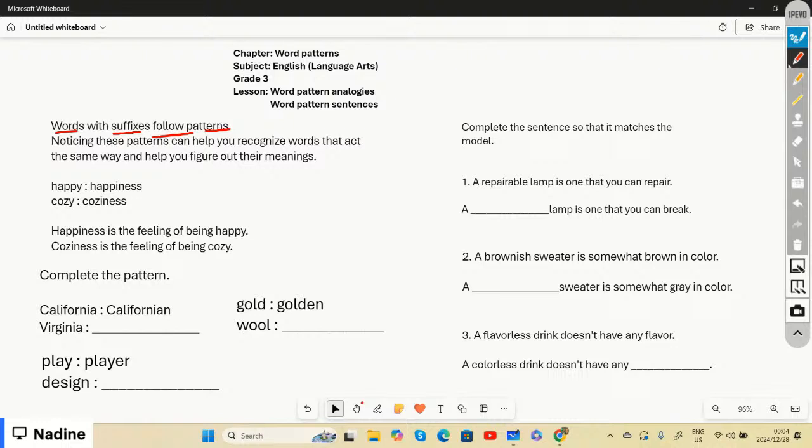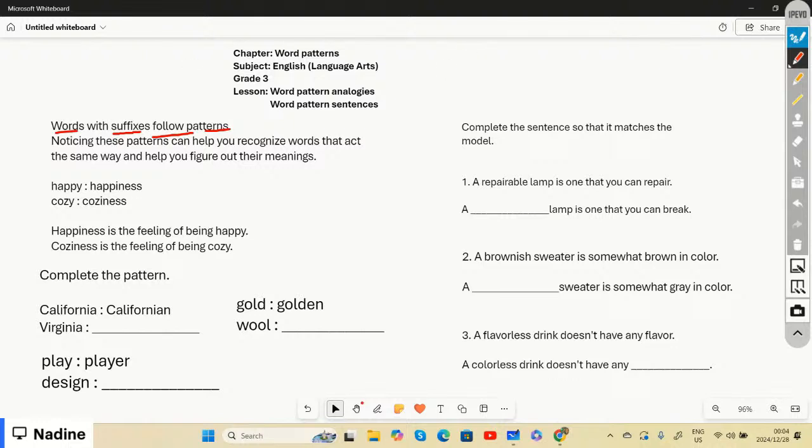And remember, a suffix is a word, or it can be letters, that you add at the end of your base word. We are going to look at a few examples during our lesson as to how we can identify those words as well as the word patterns.